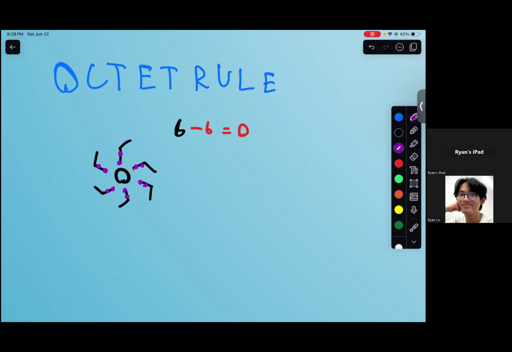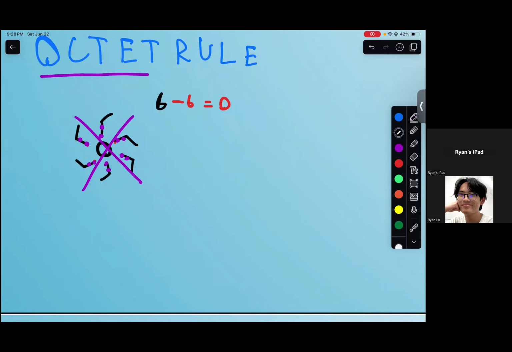When you do this octet rule counting, the number should not exceed 8, as implied in the number octet. As I just counted, this definitely violates the octet rule. So this is illegal. No spider oxygens.